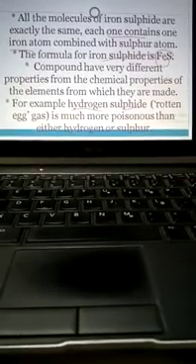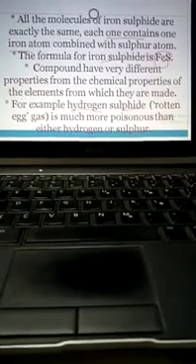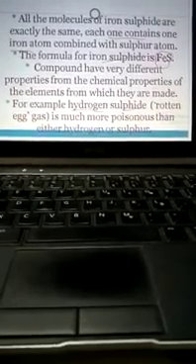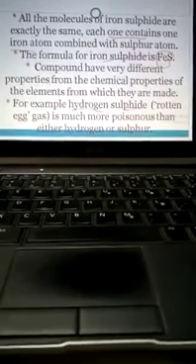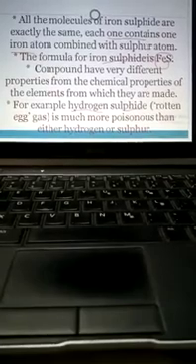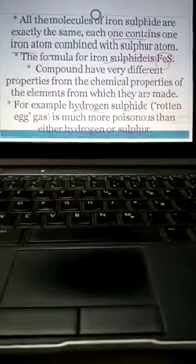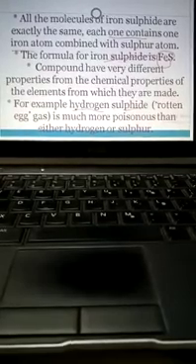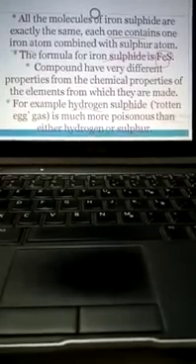Rotten egg means a smelly egg that cannot be eaten. It is more poisonous than either hydrogen or sulfur because it is a combination of two atoms, hydrogen and sulfur. That is why it is a very poisonous gas.